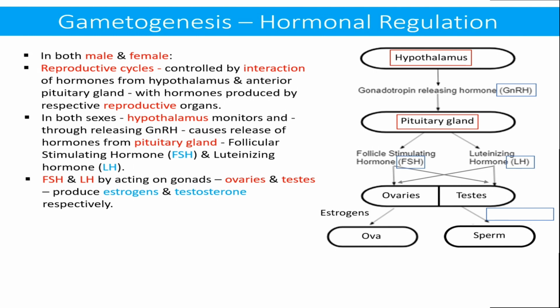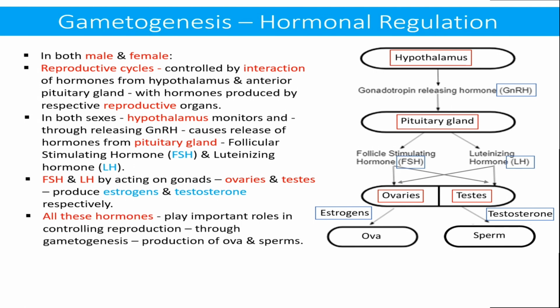These two hormones, acting on gonads, that is ovaries and testes, produce estrogen and testosterone respectively. All these hormones play an important role in controlling reproduction through gametogenesis in the production of ova and sperms.